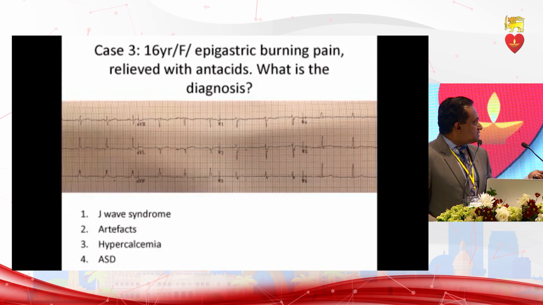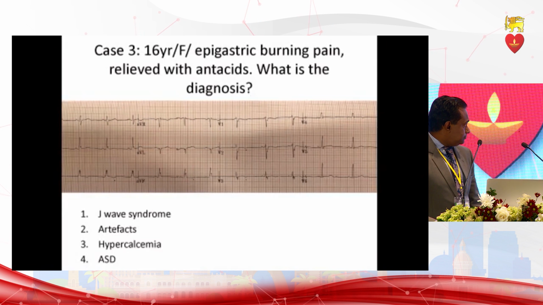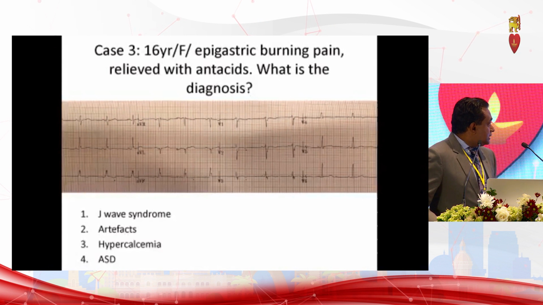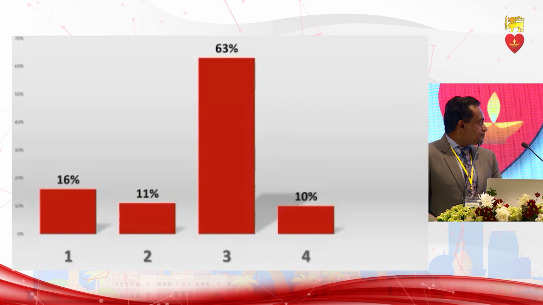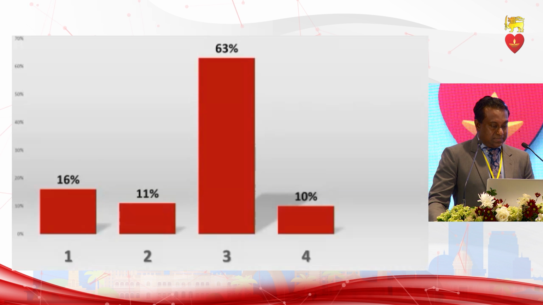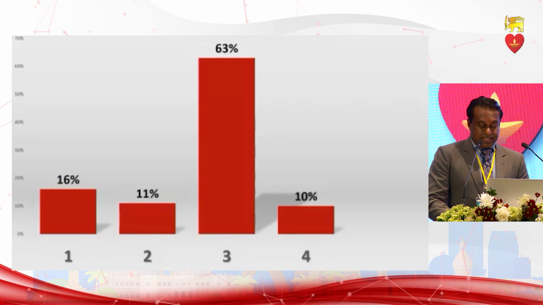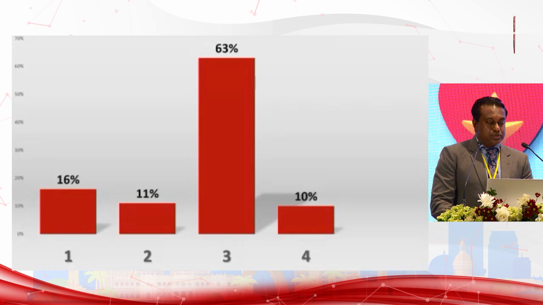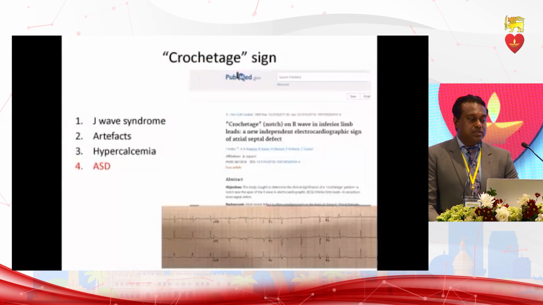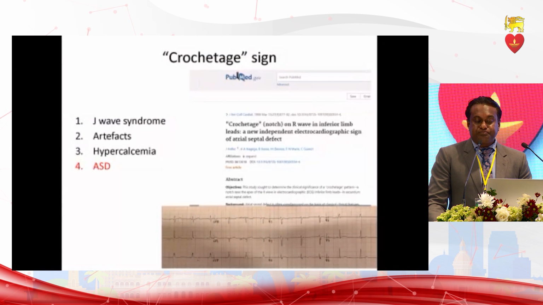A 16-year-old girl. There are some T inversions, but very likely normal for her. So this is actually known as the crochetage sign in patients with ASD.